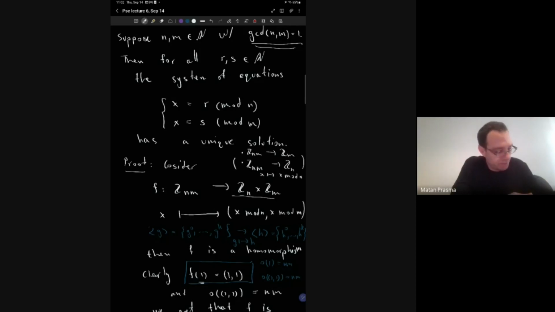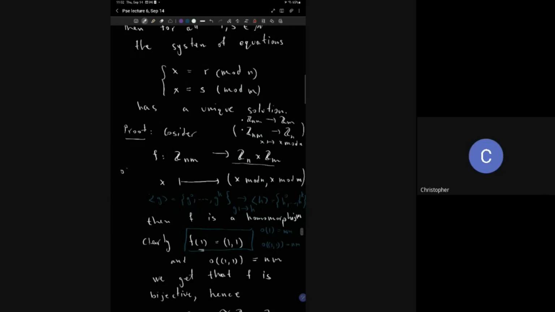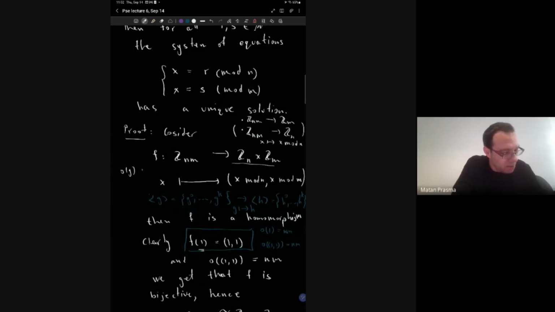I mean, the order of g is the minimal n such that g to the n is 1. Okay, got it. Thanks. And of course, in additive notation, it's the minimal n such that ng is equal to 0.